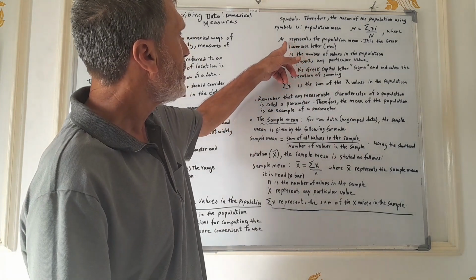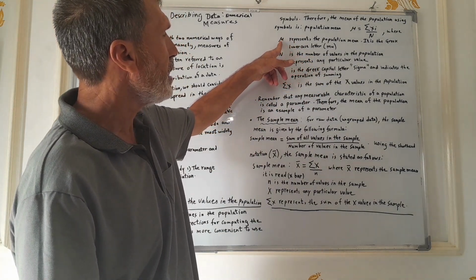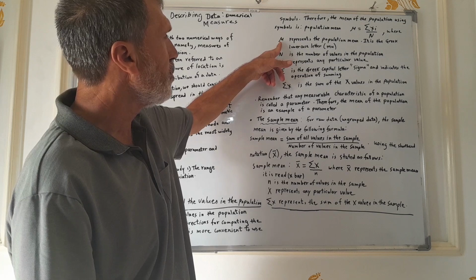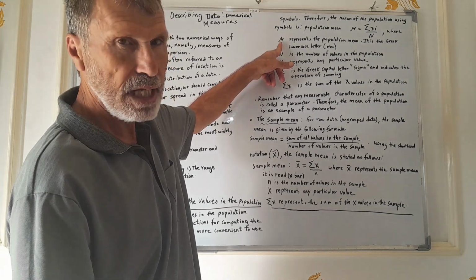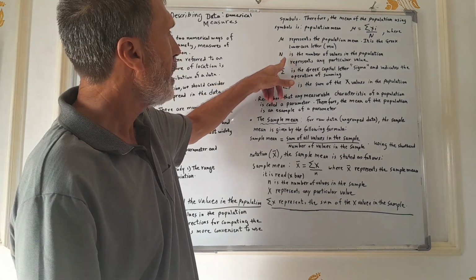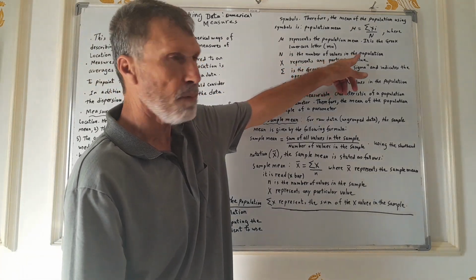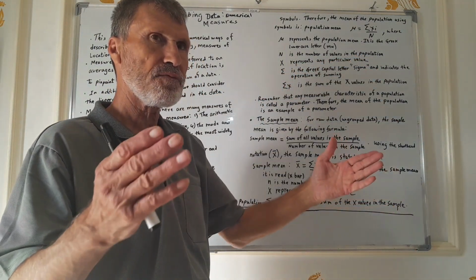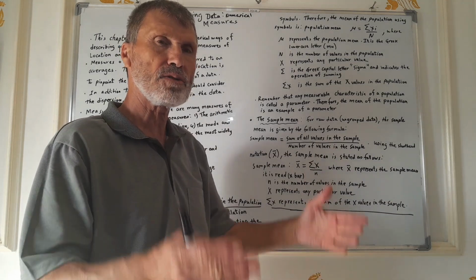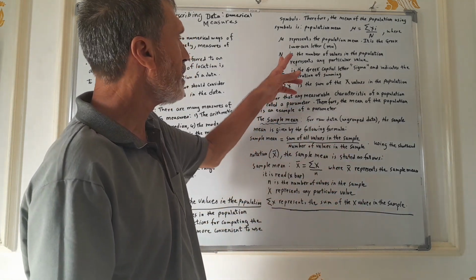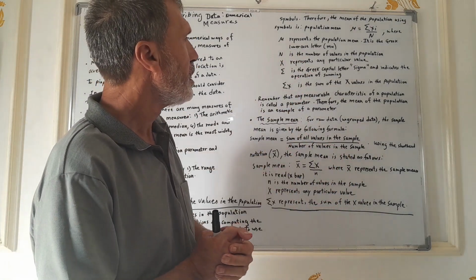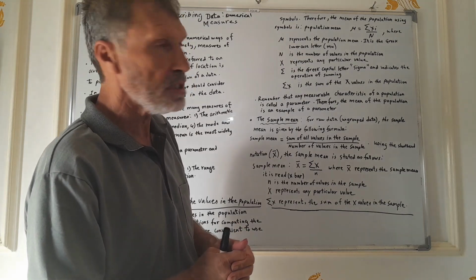And so this, the lowercase Greek letter mu, of course, stands for the population mean, and n is the number of values in the population. The population might have 50 numbers or 60 values. Then n stands for the number of values in the population.